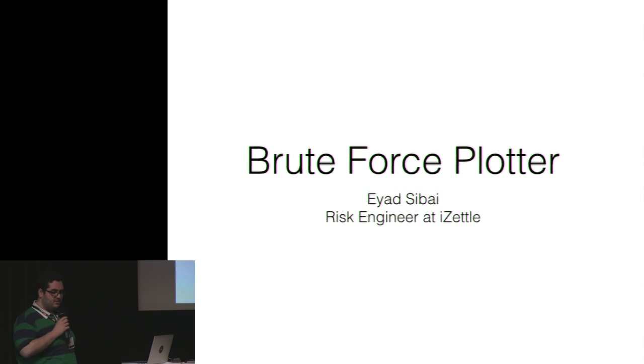One of the things that I feel is essential is the plotting or visualization. So I tried to make a very simple tool. I call it brute force plotter, where you don't really need to think a lot. You just feed it some data, and it will try to generate all types of plots that you can plot from this data. So let's just go over the demo right away.